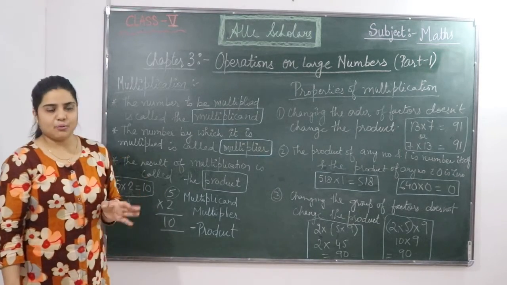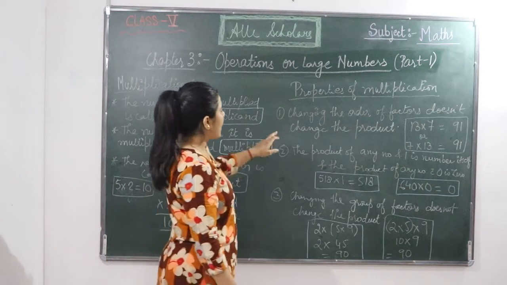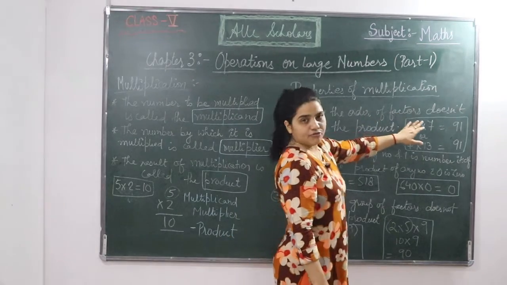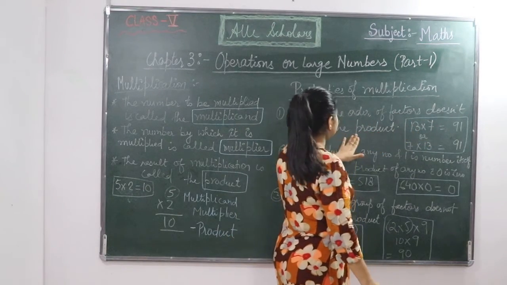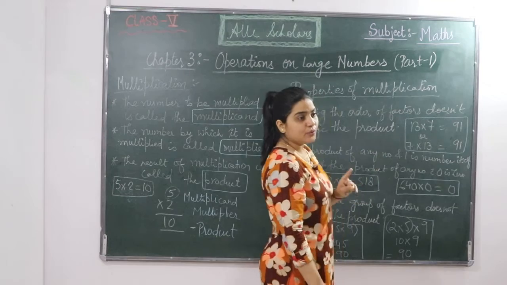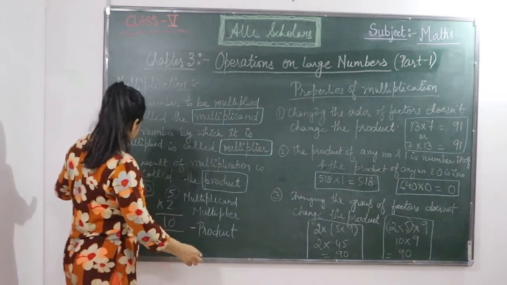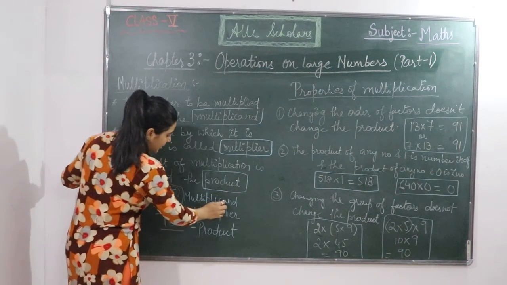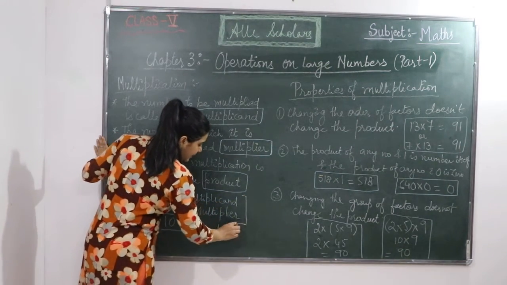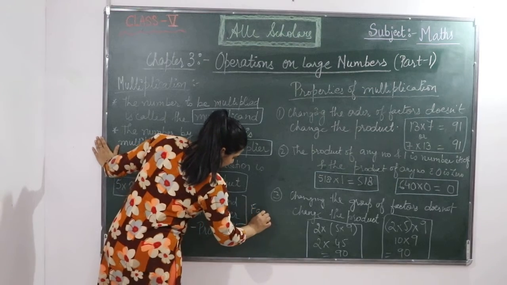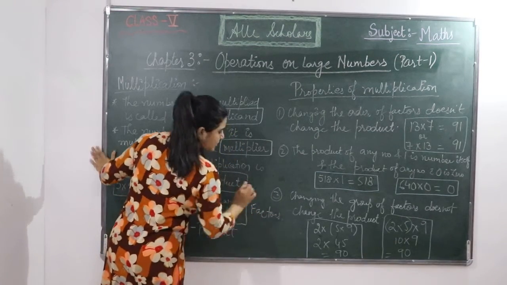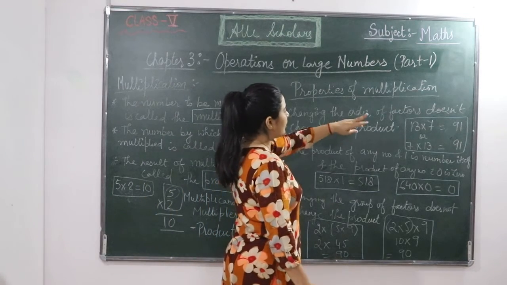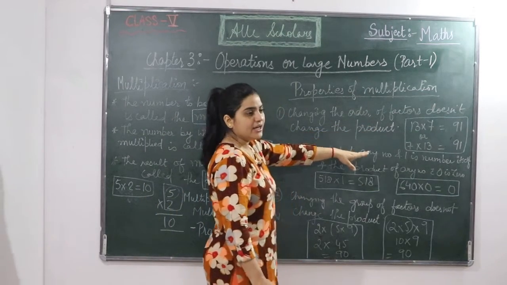Now we will see some of the properties of multiplication. The first property is that changing the order of factors doesn't change the product. These are factors. 5 and 2, the multiplicand and the multiplier, are called factors. Okay? What is the property? Changing the order of factors doesn't change the product.